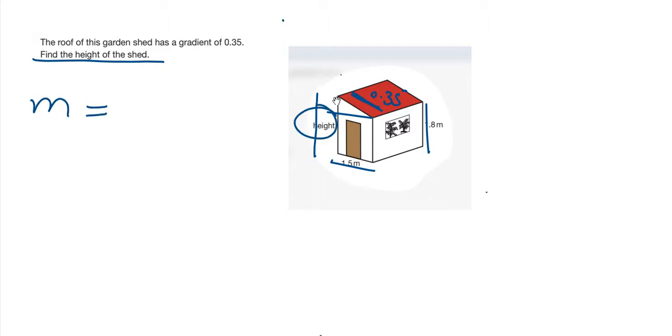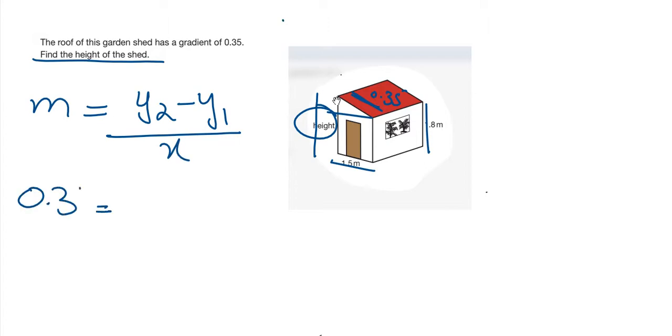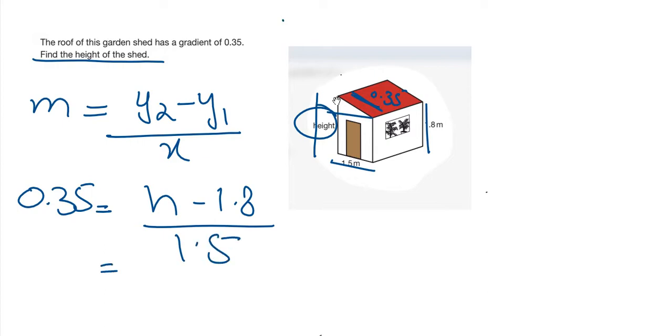We have the slope. y1 is given, y2 we need to find, and the x value is given. Let's write it as 0.35, y2 is your height, y1 is 1.8, and the x value would be 1.5. So I think you can do it.